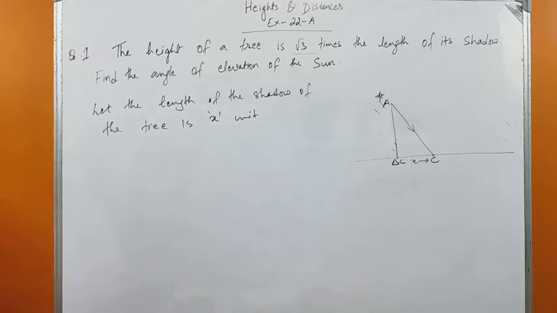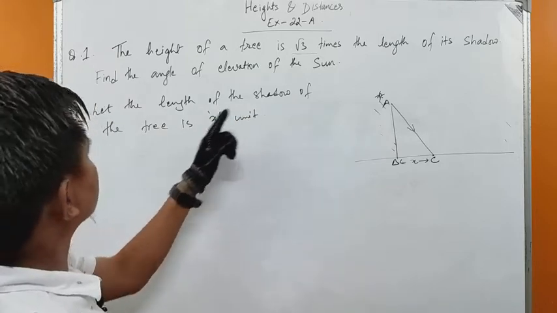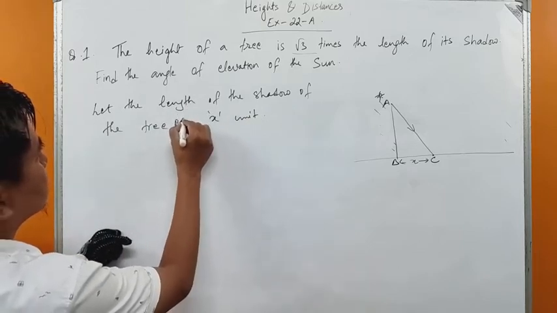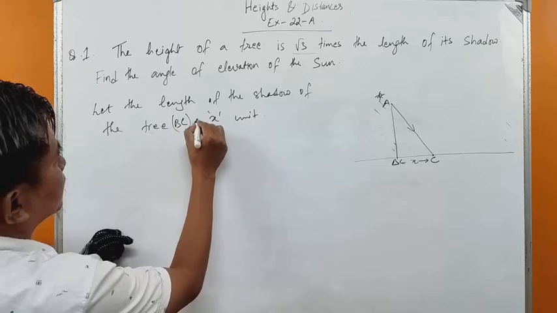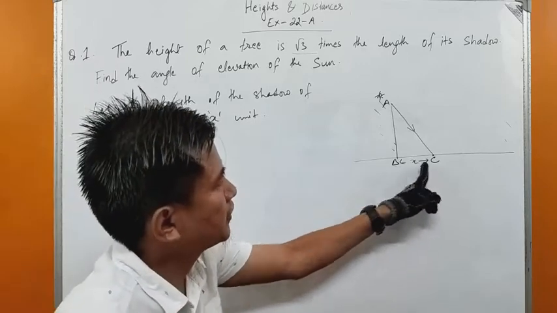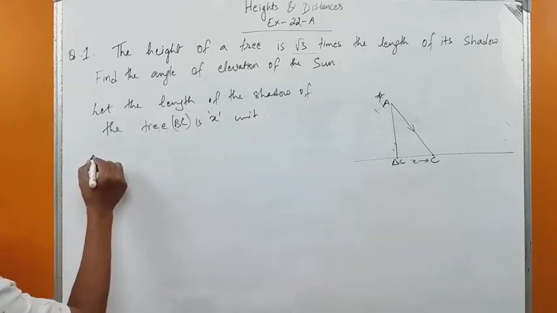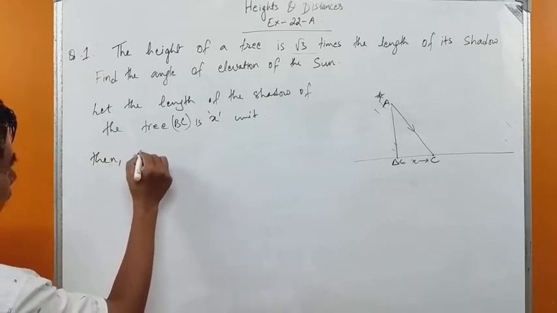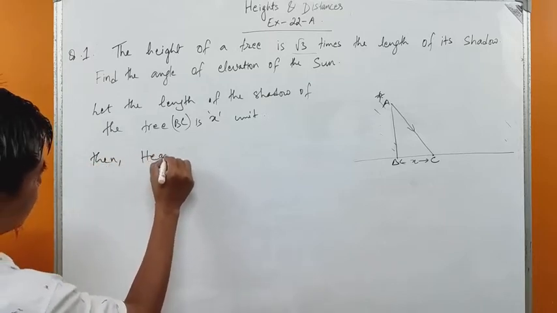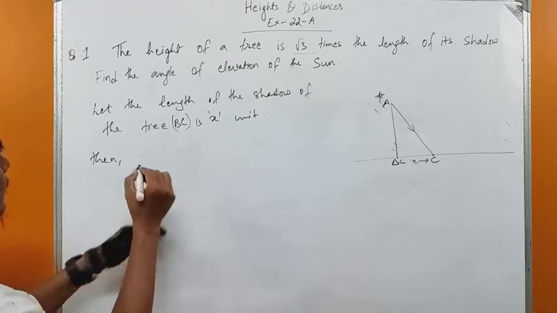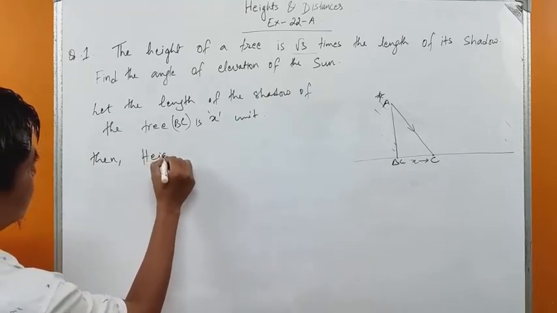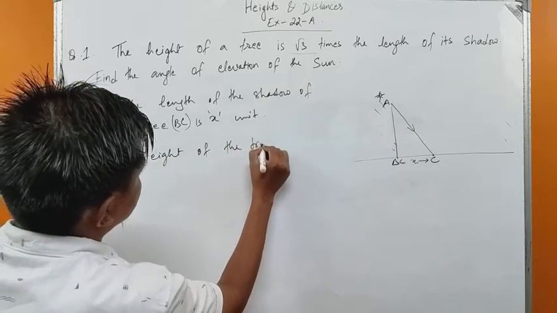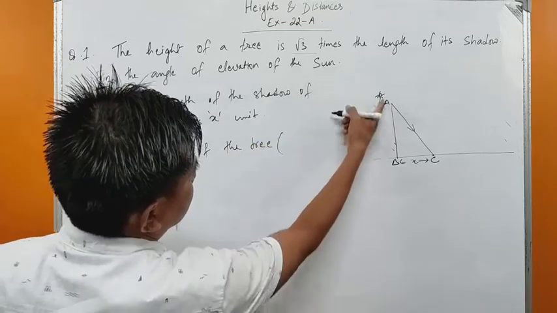The length of the shadow of the tree is BC, so BC is x unit. Then according to the question, the height of the tree is AB.